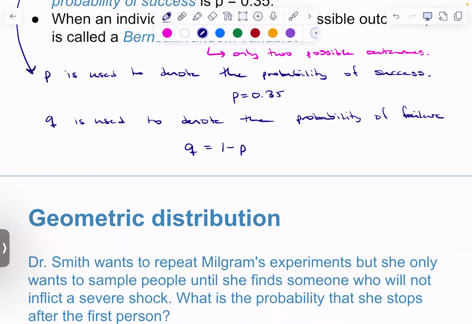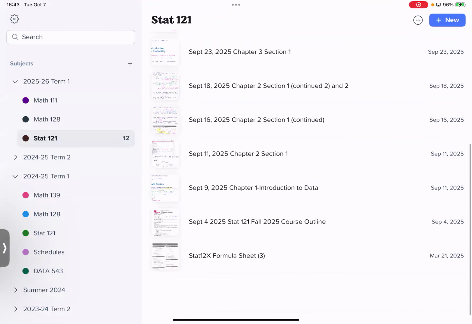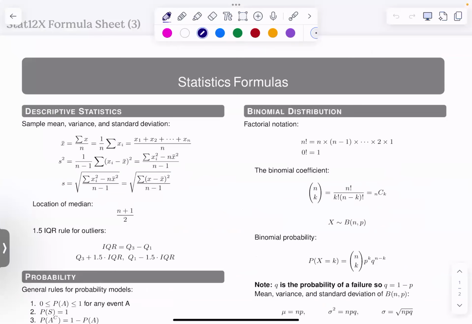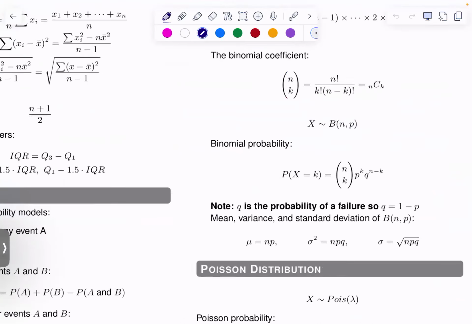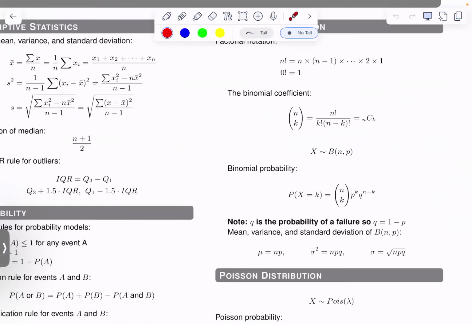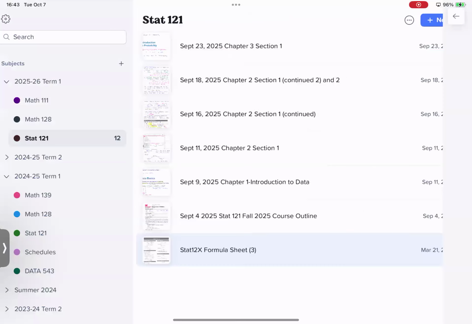If you look on your formula sheet, you have to squint a little bit, but look at us, just ripping through this formula sheet. It's at the very, very bottom, actually. Note, lowercase q is the probability of a failure, so q is 1 minus p. I do expect you to know it because I use it in our formulas.